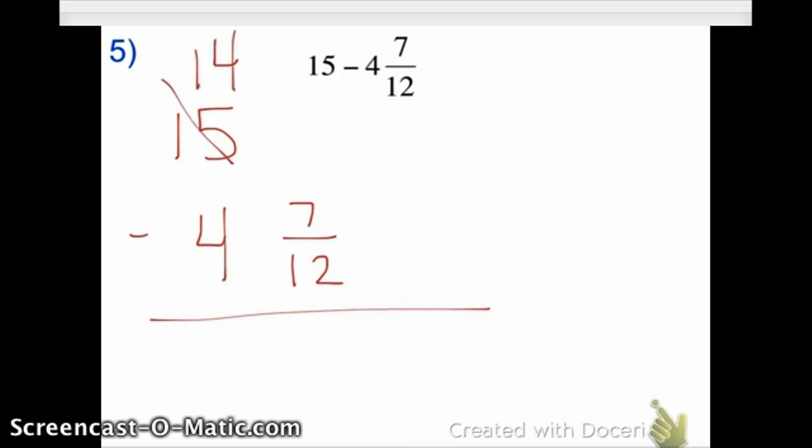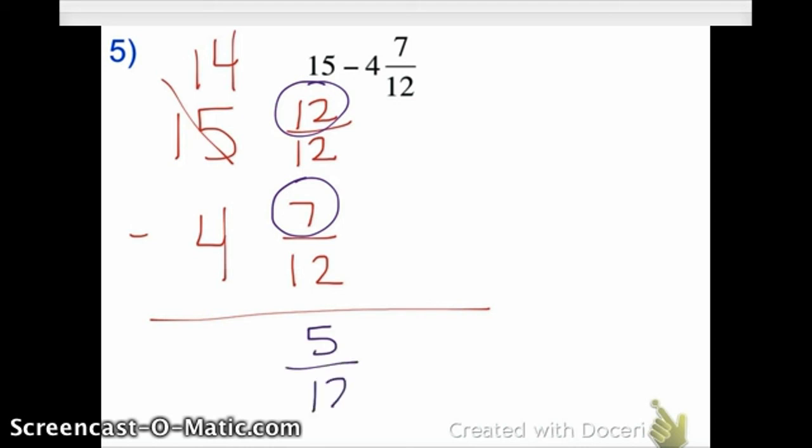We're going to borrow 1, and you could just put a 1 there, but you want to leave it as a fraction because you want to subtract fractions. So the one that I'm going to do is 12/12. The reason I'm doing 12/12 is if you look closely, my denominators are now the same, and I didn't have to do anything. So now you can do 12 minus 7. That gives you 5. And 14 minus 4 equals 10.